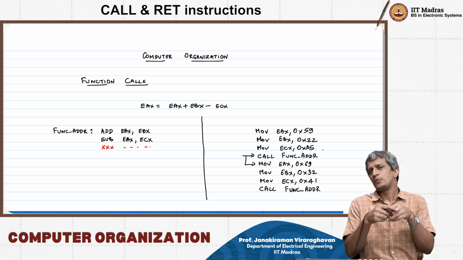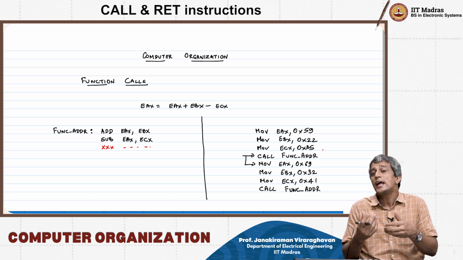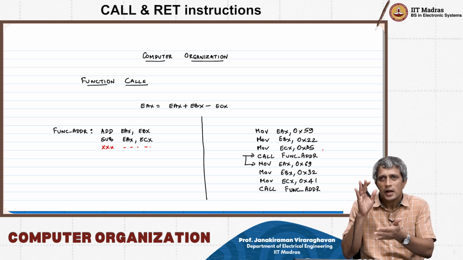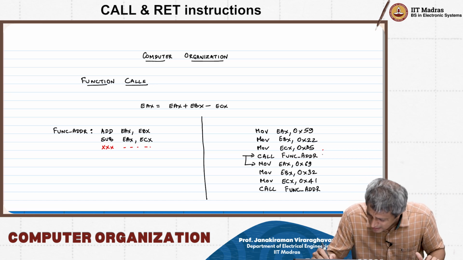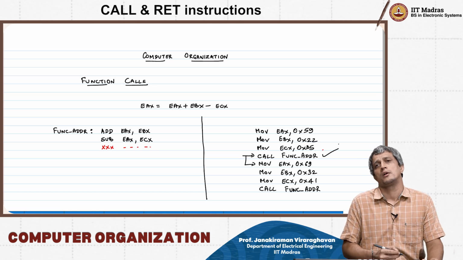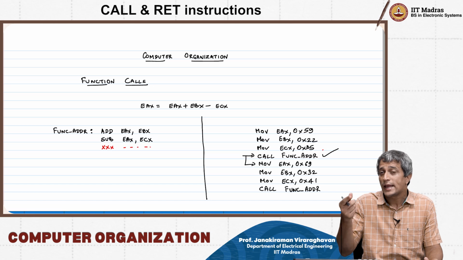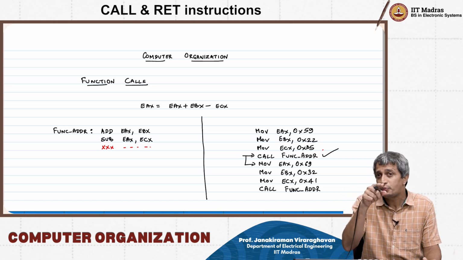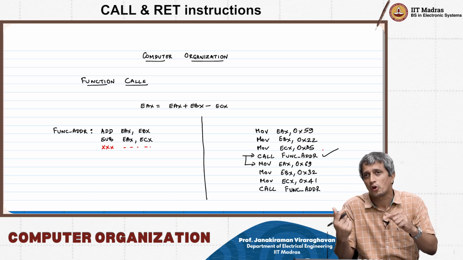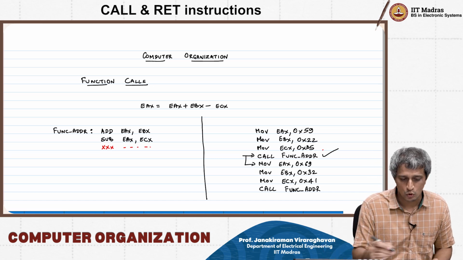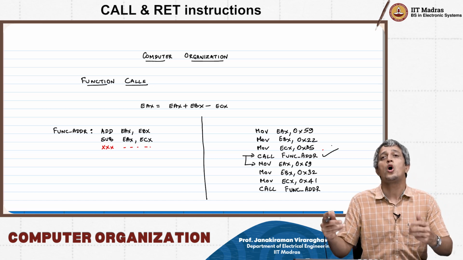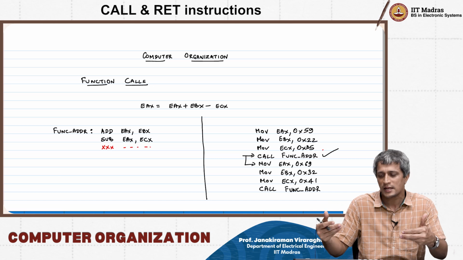So in some sense, where to return is already in the instruction pointer when this instruction is being executed. And therefore, in order to execute this jump with the context of being able to return, what you need to do is to store this return address somewhere.